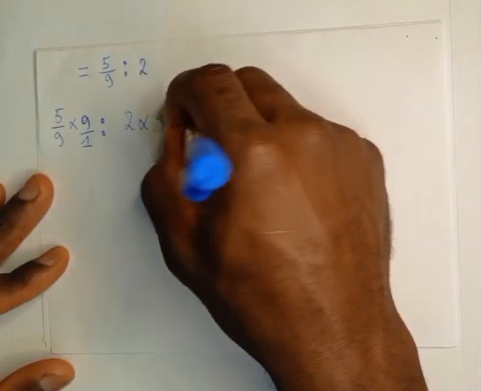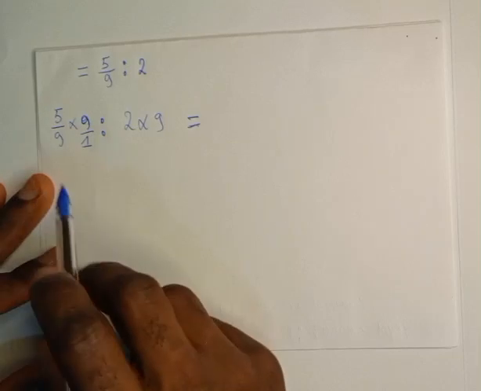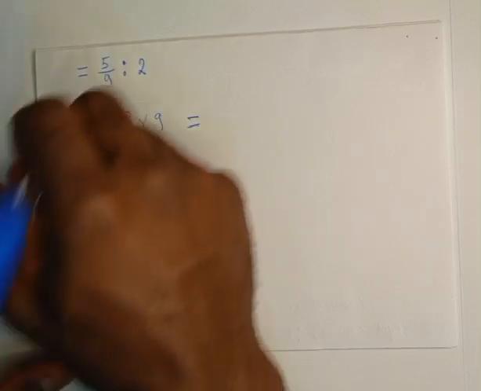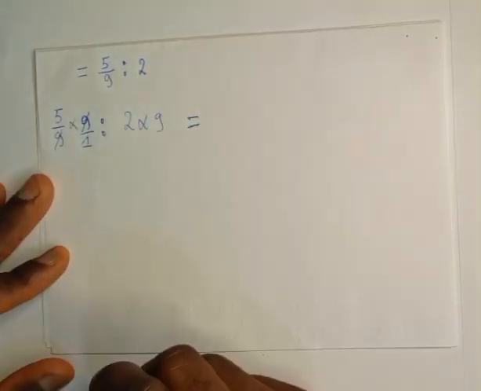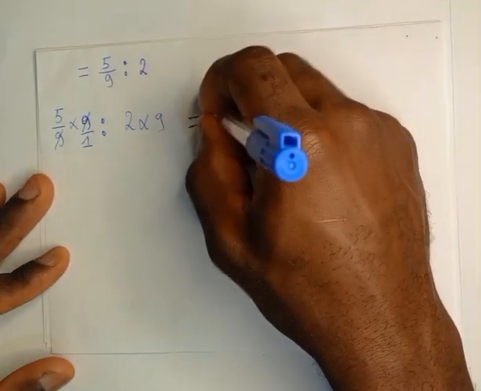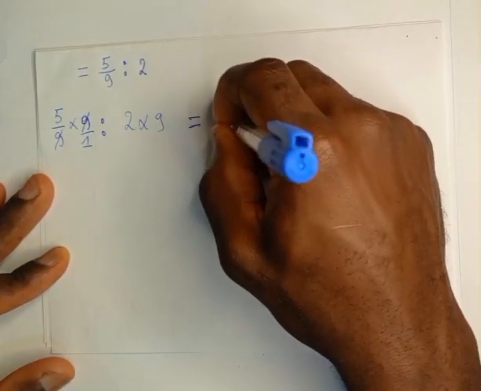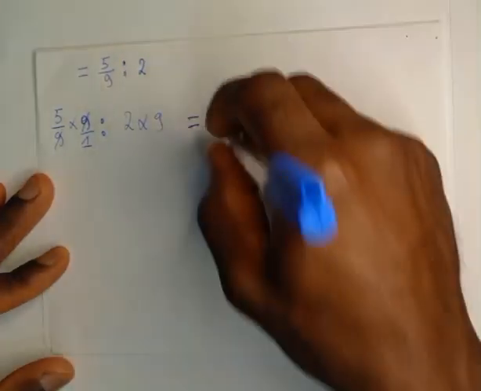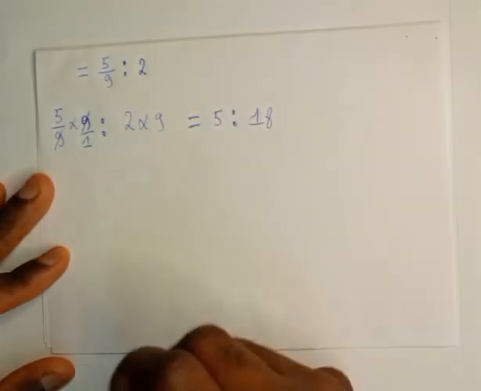And this will simply be equal to, simplifying the first component of this ratio, the 9s will strike off, we'll be left with 5 over 1, which is 5, is to 2 times 9, which is 18.